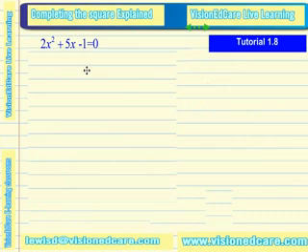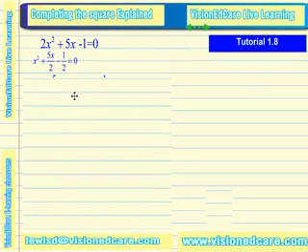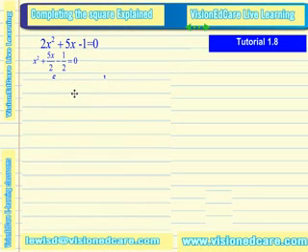You're asked to solve this. Okay? Now the first thing you want to do is to make the coefficient of x squared 1, so we're going to divide throughout the equation by 2. So we have x squared plus 5x over 2 minus a half equals 0.